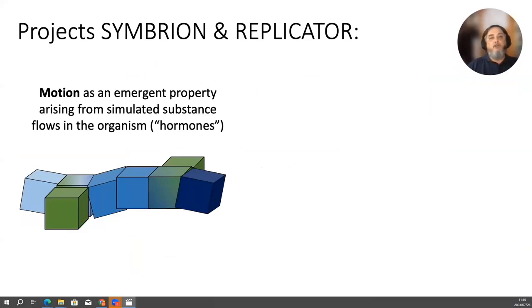So how does the motion work? We have, let's say, a given robotic organism consisting of 8 modules here. We have a front part, a head, where a blue hormone is excreted because there are some sensors. For example, they detect light and they want to go there. And then this blue hormone diffuses towards the tail, towards the backside, and it decays, so there is a gradient emerging there.